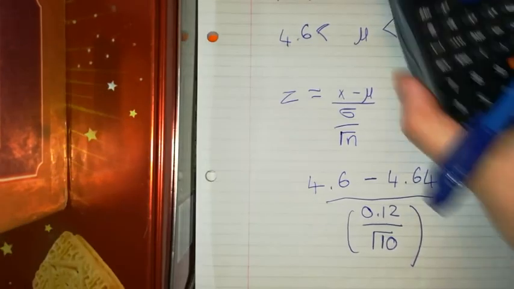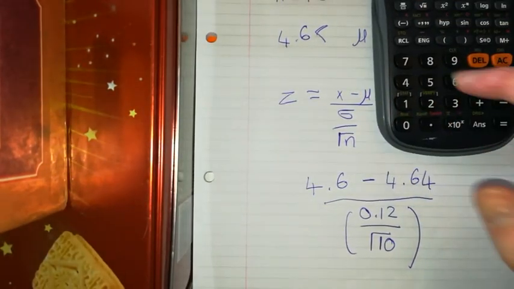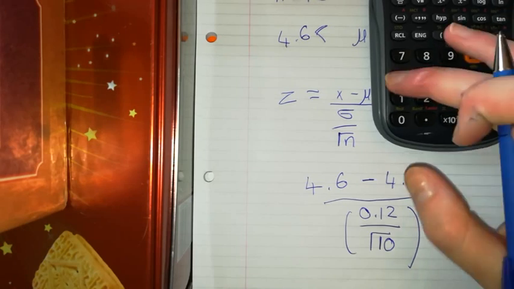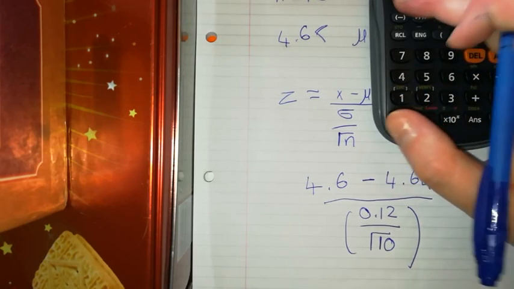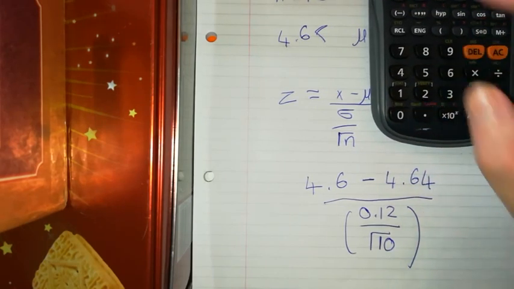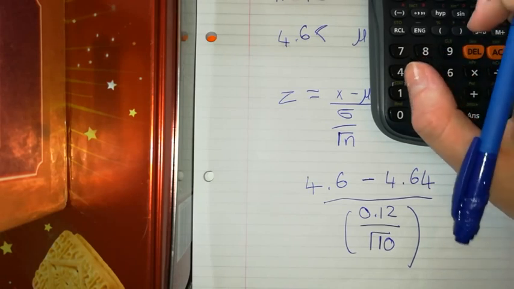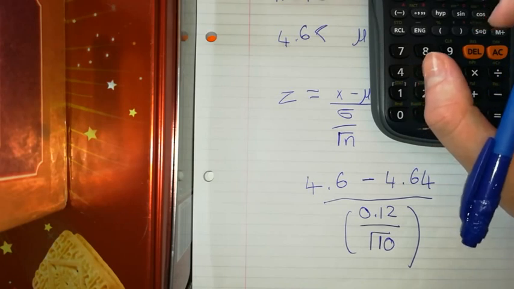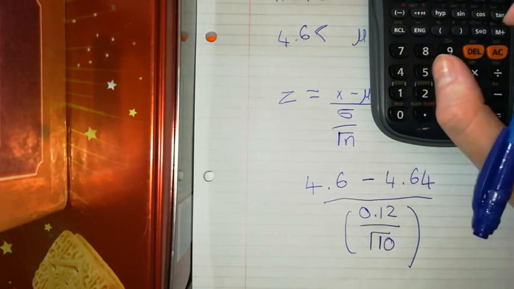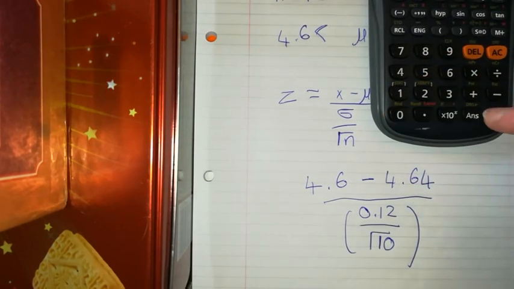So I'm just going to plug this into my calculator. So 4.6 minus 4.64 over, and I'm just going to put brackets, 0.12 and then over the square root of 10.